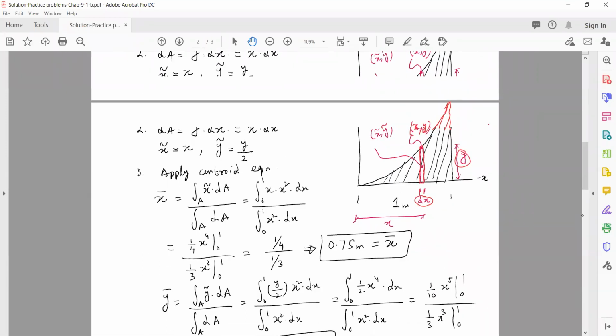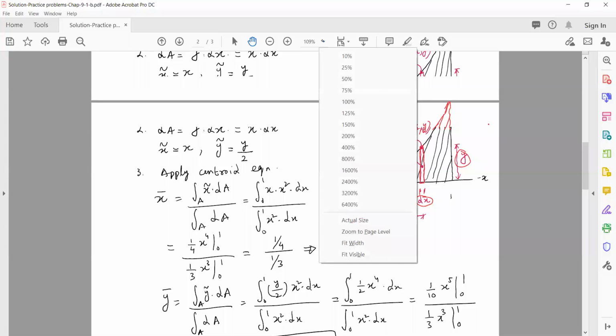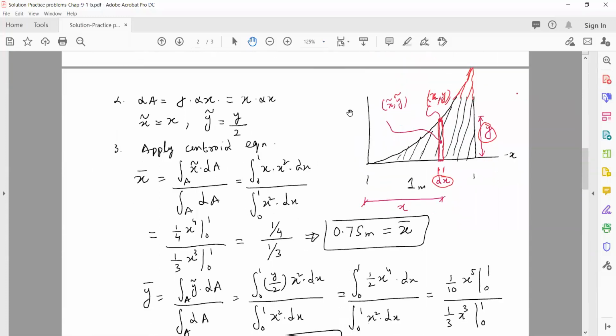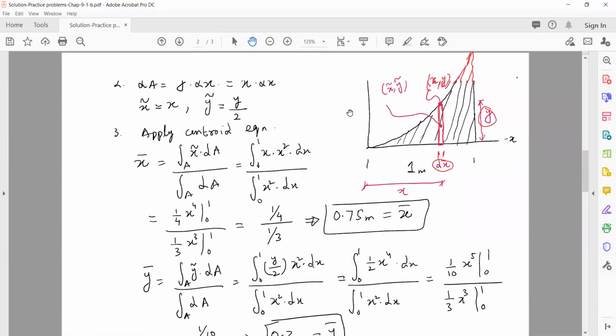So length of y, thickness of dx. Now let's assume that it has a centroid right here, and the centroid has these coordinates x bar, y bar, and these x bar, y bar are for this vertical element.